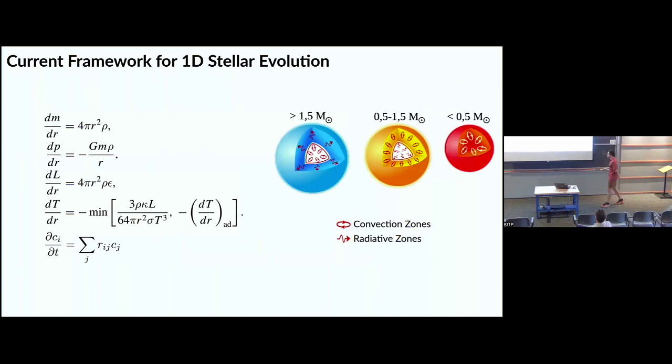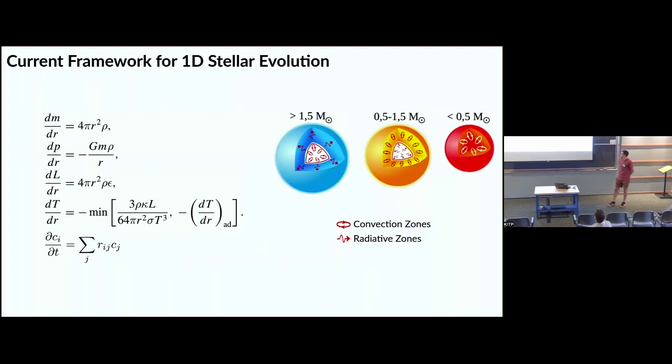So just as a very quick recap, the current framework for studying stellar evolution is basically assuming that the star is spherically symmetric, so you can write down one-dimensional stellar structure equations and then evolution for the chemical species due to nuclear reaction rates. And then you step through gigayears of evolution to see what the star does.